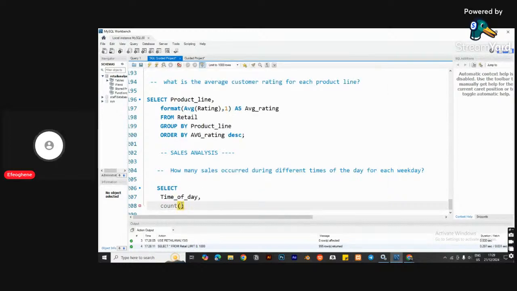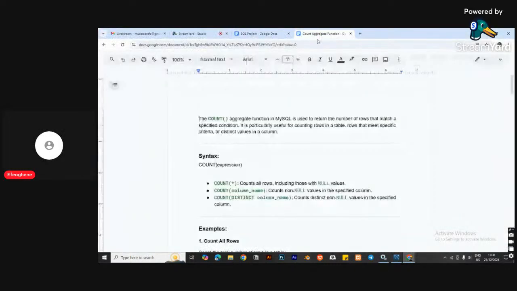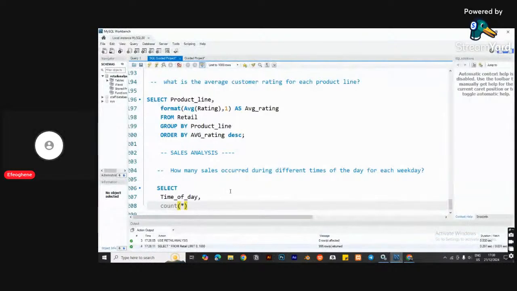The expression of the count aggregate function will be the one that counts all rows, including those with null values. So that's the expression we're making use of here for the count.